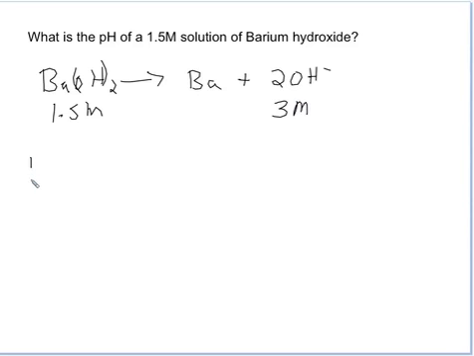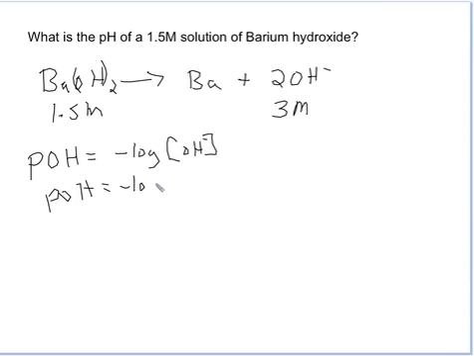To figure out the pH, you first have to do the pOH. So the pOH equals a negative log of the OH minus. You have to put in the 3 molar. So the pOH equals negative log of 3, which is going to equal negative 0.48.